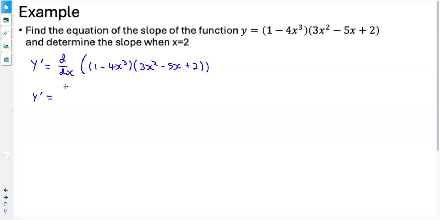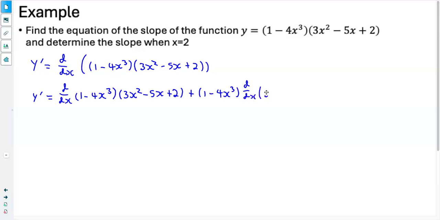So we'll take the derivative of the first function, so d over dx of 1 minus 4x cubed, times our second function, 3x squared minus 5x plus 2. And then we add our first function, 1 minus 4x cubed, times the derivative of our second function, which was 3x squared minus 5x plus 2.